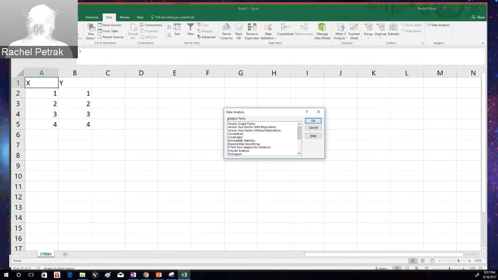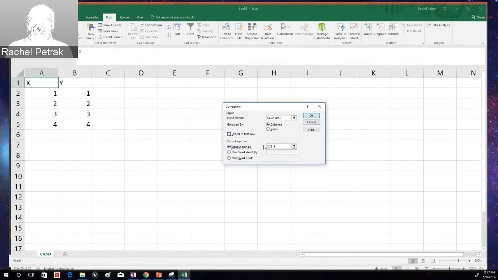You get histograms. And today we're just going to get the correlation. So you can see that's the fourth one down. Correlation. I select the test I want. Okay. And then a new window pops up, and the same process happens for all of these analyses. For all of the tests you can do, you select the test, then you have to tell Excel where to find the data.